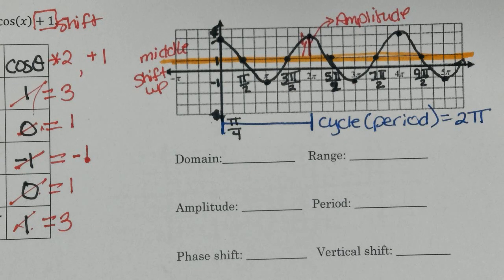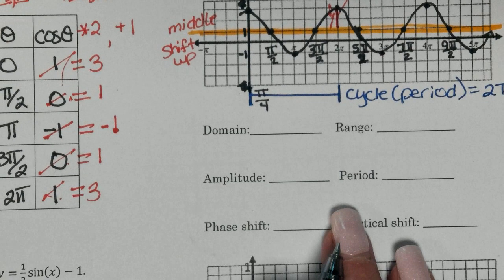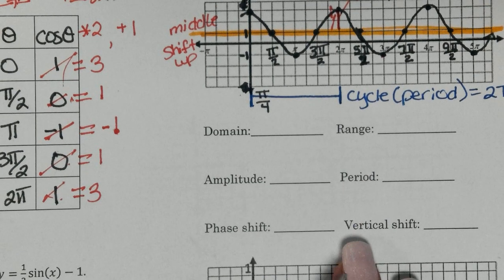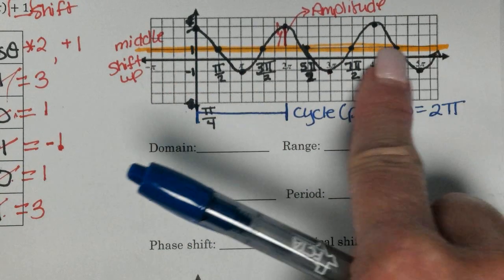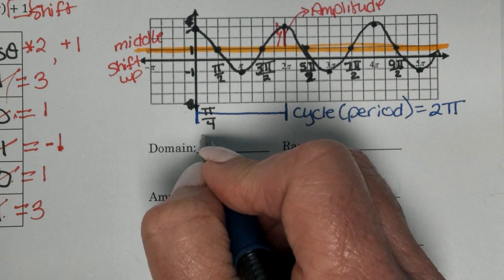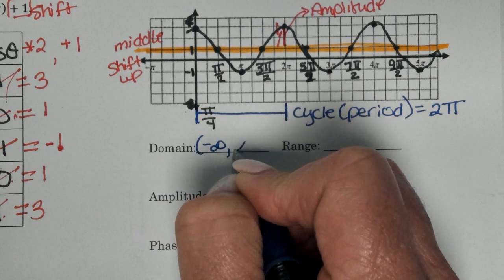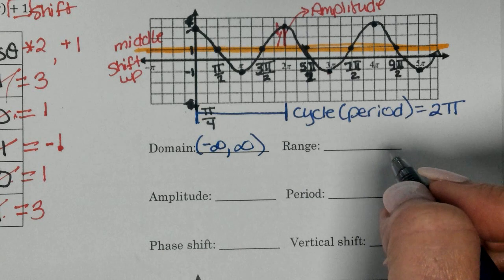Now we're going to use this information that we've got here to answer these questions. Okay? So now, if you will take a look at the domain, did our domain values change at all? What we're able to input into the... No, we're still using all angles. So it's negative infinity to positive infinity. What about our range?